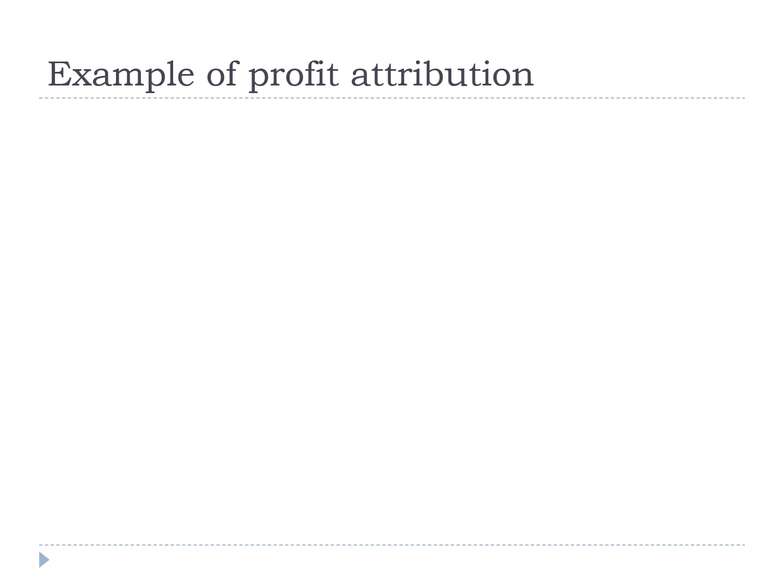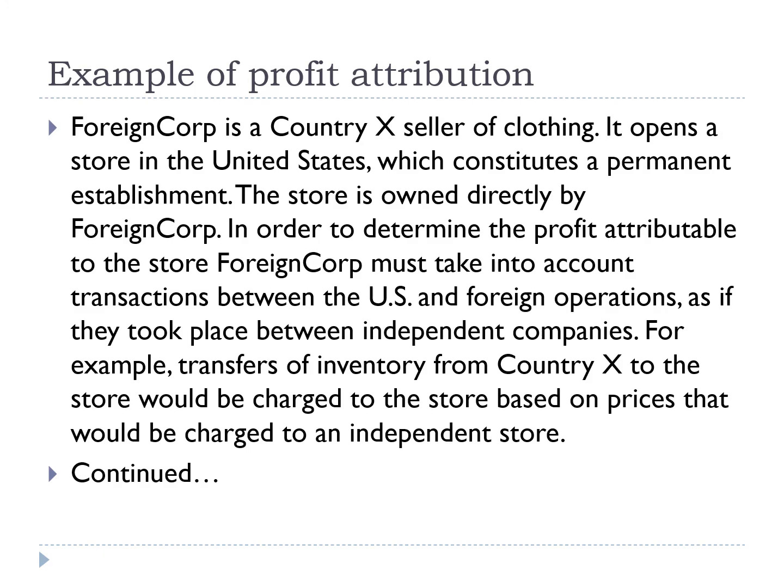Here's an example of a profit attribution. Foreign Corp is a country X seller of clothing. It opens a store in the United States, which constitutes a permanent establishment. The store is owned directly by Foreign Corp.